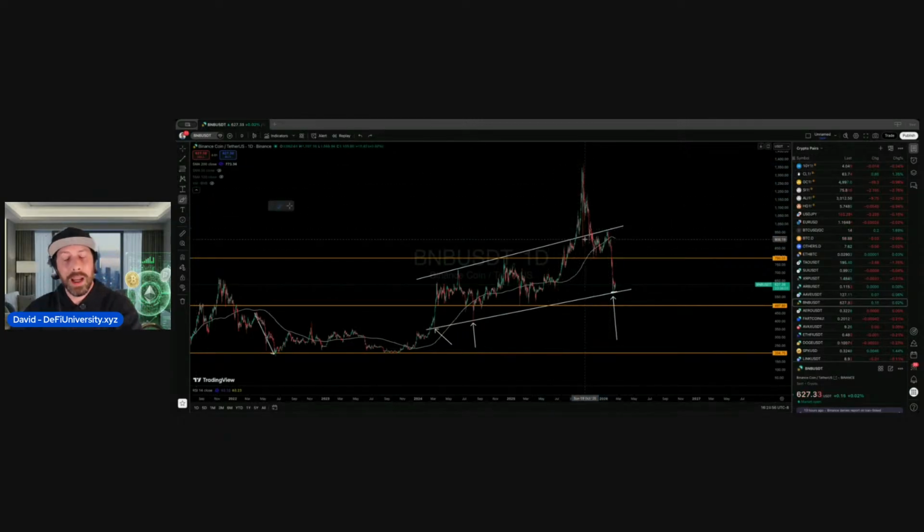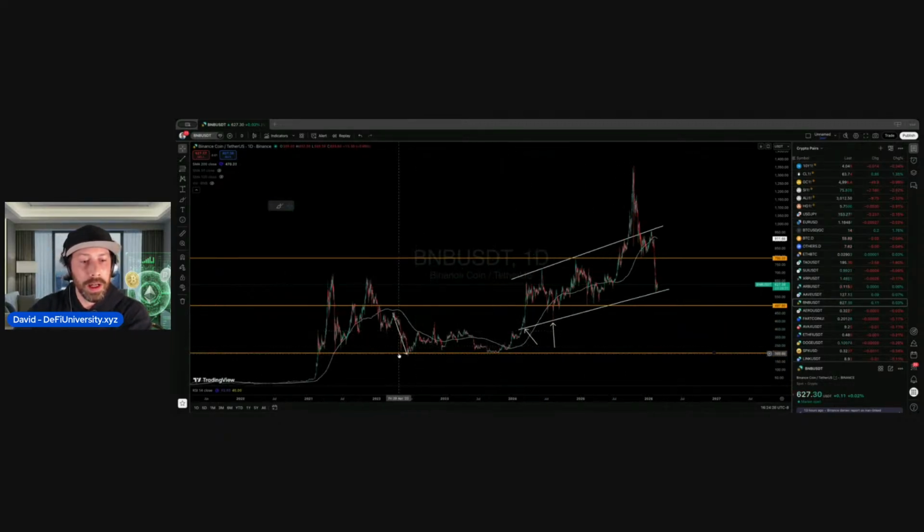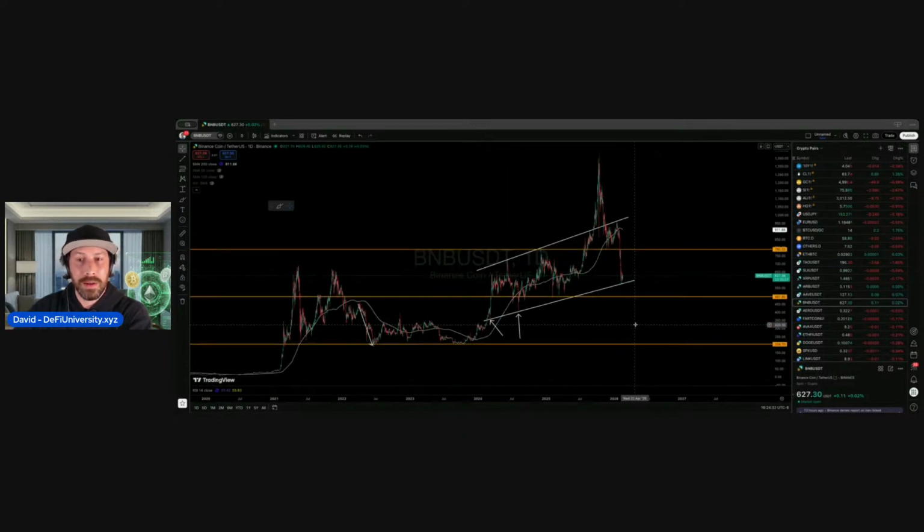My expectation for BNB is that if this support breaks, and hey, if Bitcoin pushes down to its 200-week moving average again, then I would expect this support to break for BNB. Then the next level of support would come in here at the big round number, let's call it 500 bucks. I don't think that support would hold if Bitcoin breaks its 200-week moving average. So really, the next level of support for me would come in all the way down here at like $200, in line with the bear market lows from last cycle.